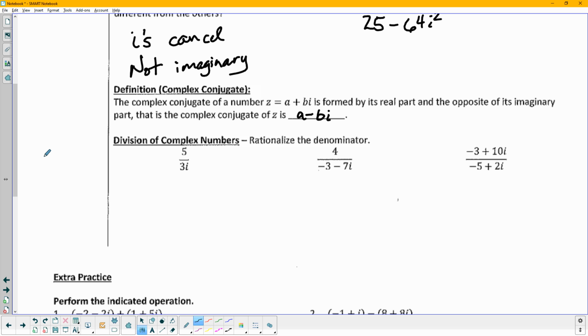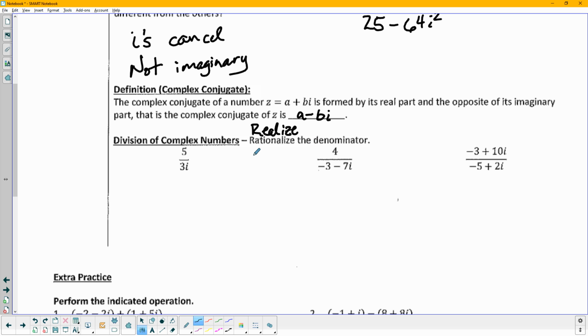And the reason that's important is that when we come to dividing complex numbers, I use this term very loosely in this case, we call it rationalizing the denominator. It's kind of like realizing the denominator.